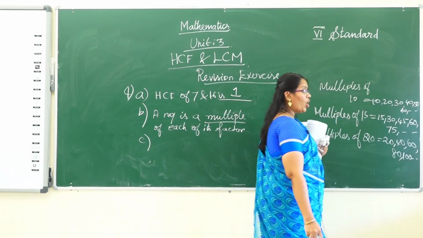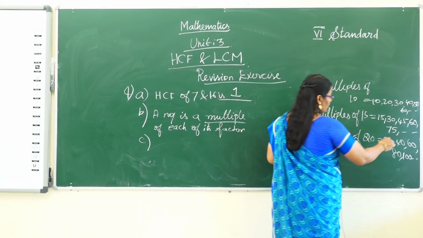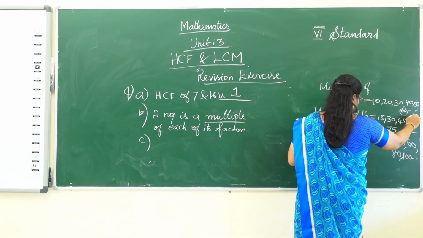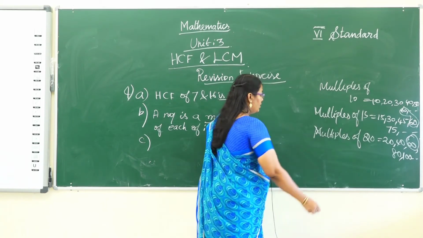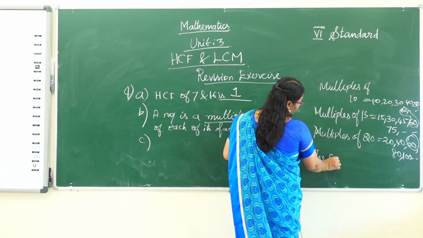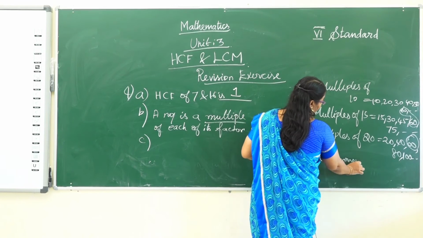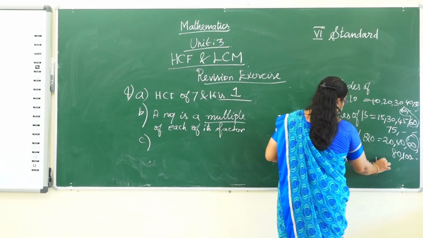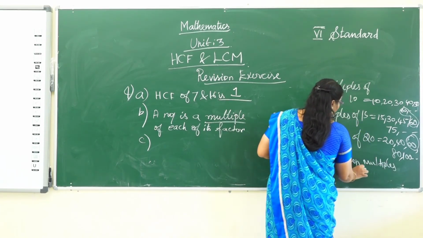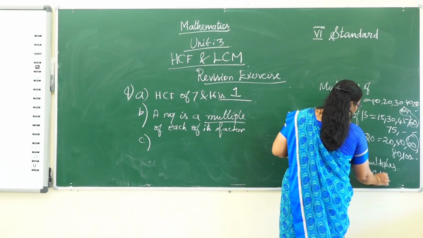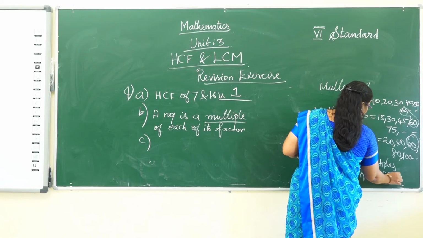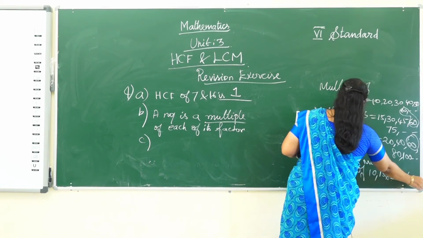Now write the common multiples. Which term is common here? 60 is common. So the common multiple of 10, 15 and 20 is 60.